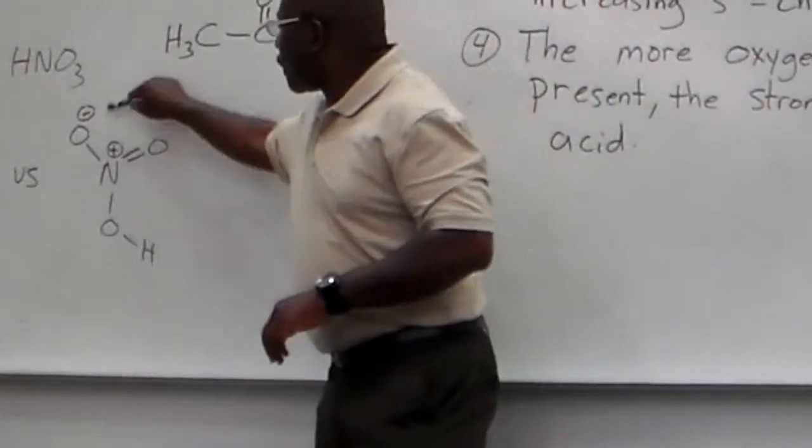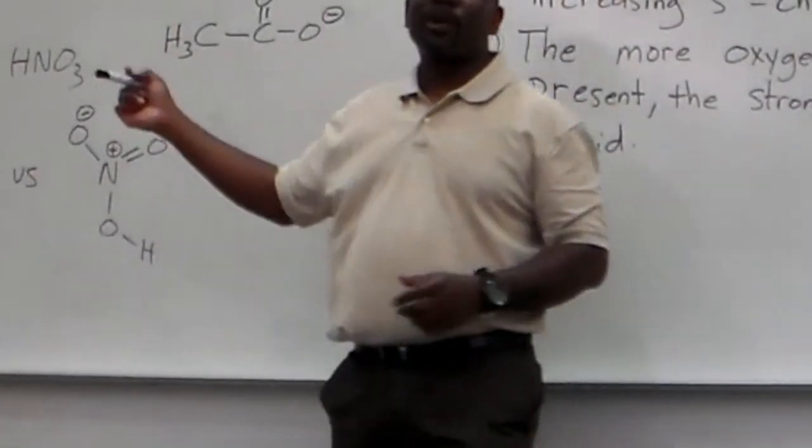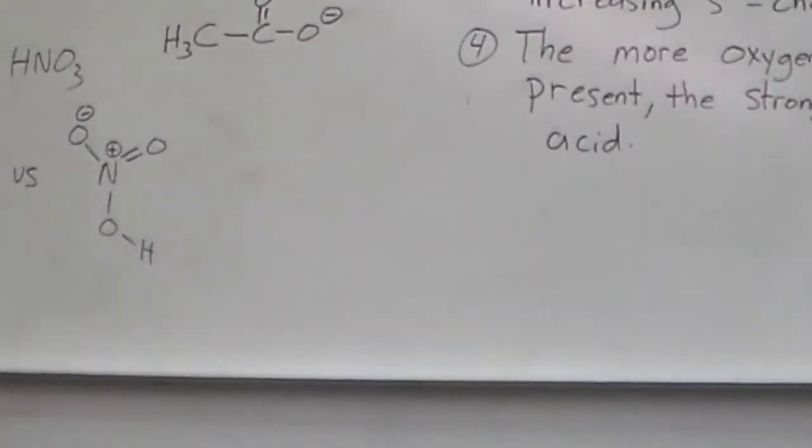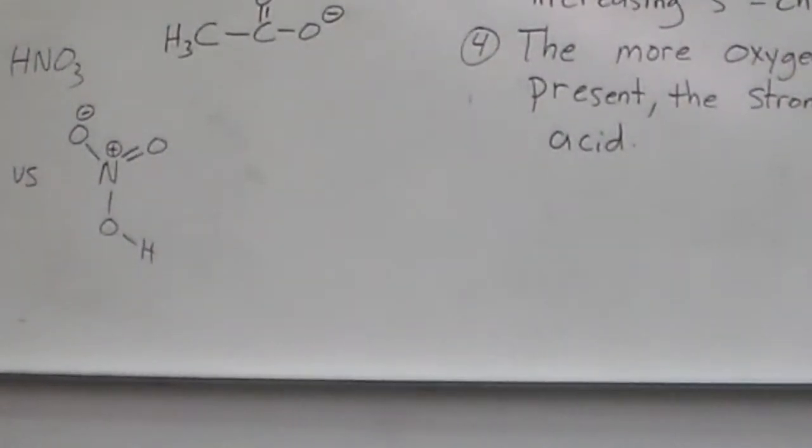Here I have 3 oxygens versus 4 oxygens. Which one is the stronger acid? Sulfuric acid. In fact, sulfuric acid is such a strong acid, it acts as an acid to nitric acid. It actually protonates nitric acid in a reaction.